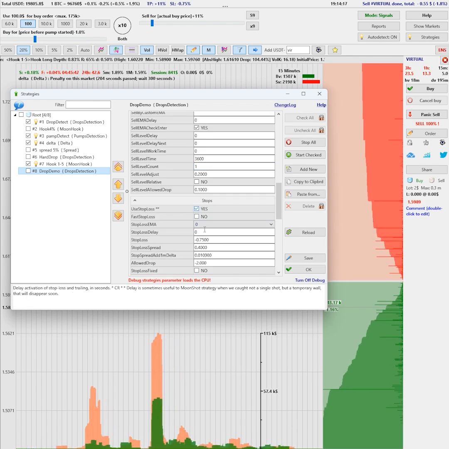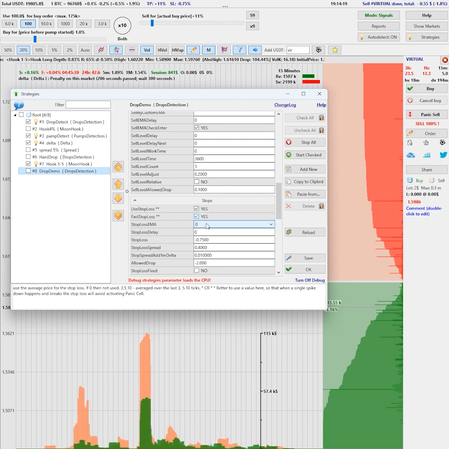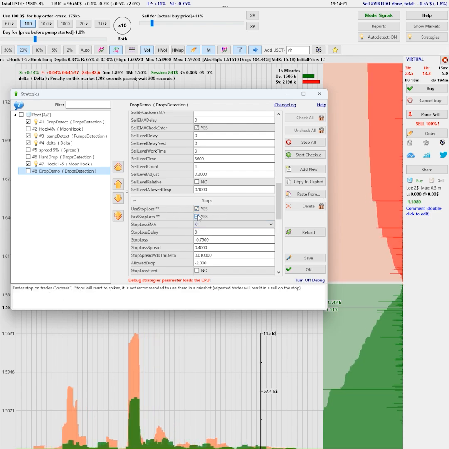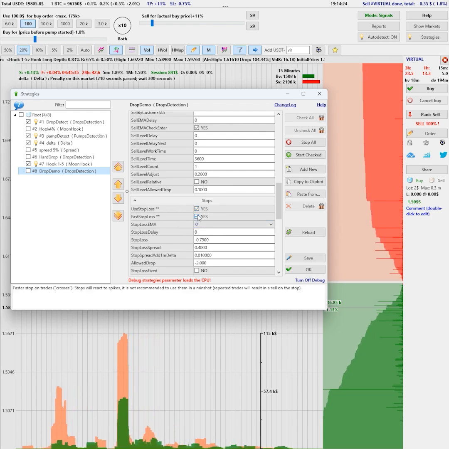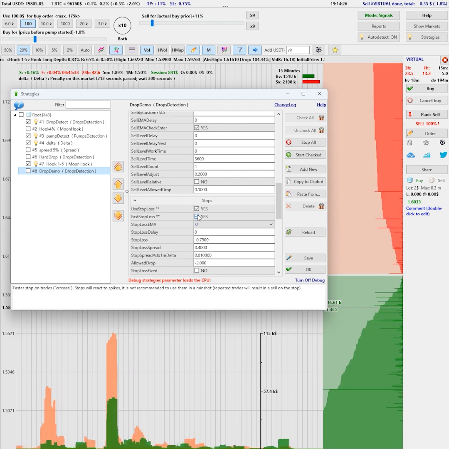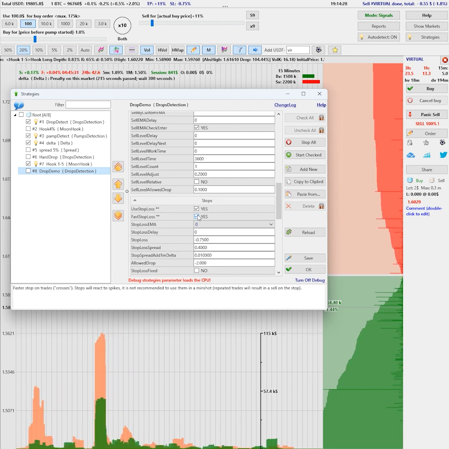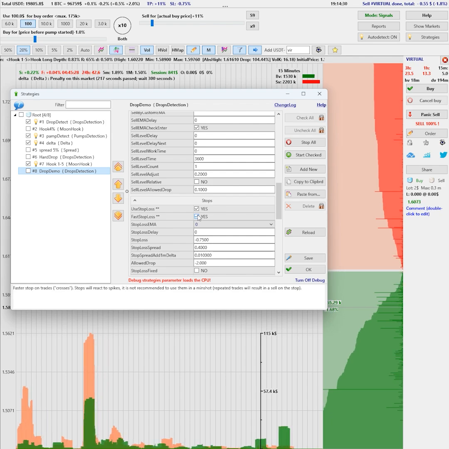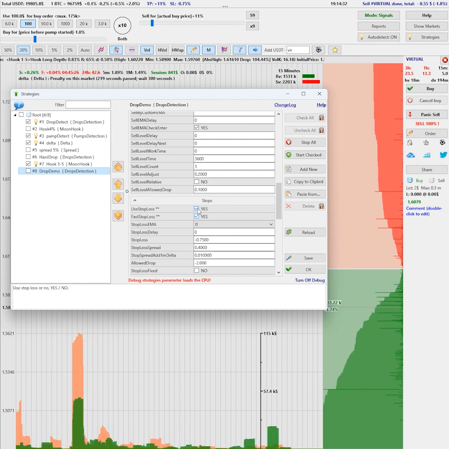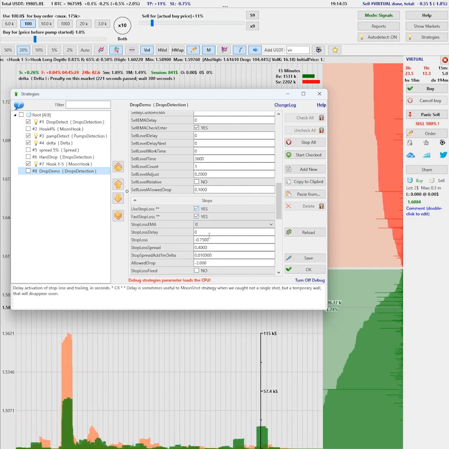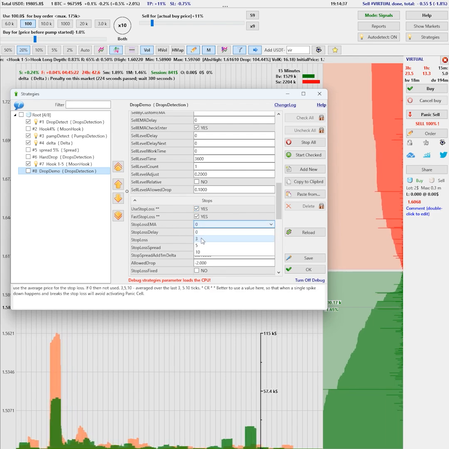Use stop loss. Okay, so of course we want to use stop loss, and we do want to use fast stop loss. Fast stop loss is essentially when the price just barely touches your stop loss, it's going to be activated. If you do just a stop loss, you can do EMA in seconds.